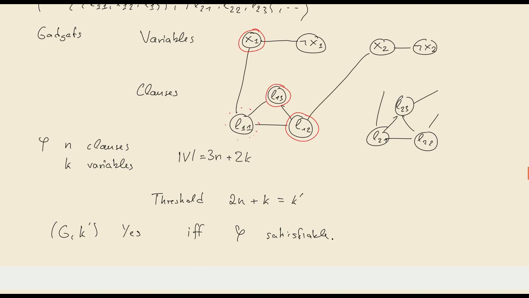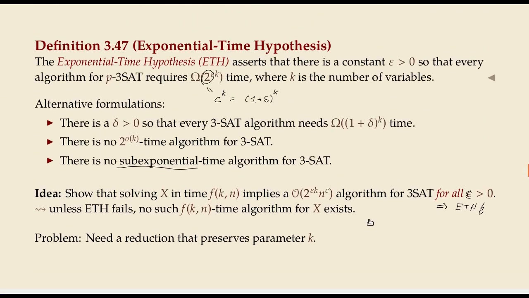Now if we want to use this to show that there's no sub-exponential algorithm for vertex cover, the problem is that this threshold k prime here is essentially linear in n, the number of clauses in the formula, so in the size of the formula, and not only in the number of variables. But the exponential time hypothesis only makes a statement about the number of variables.